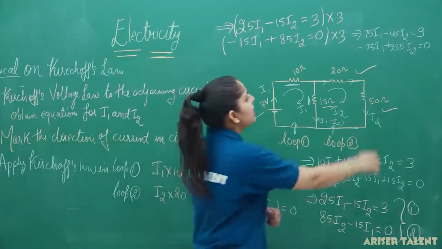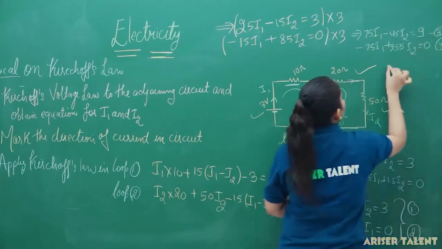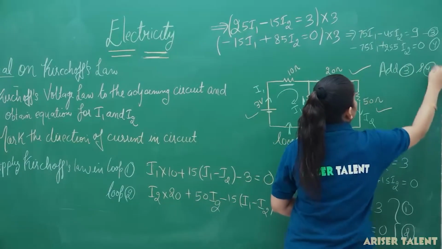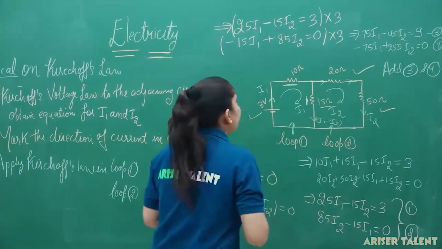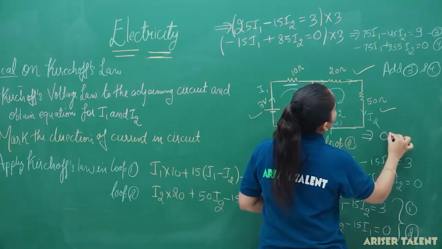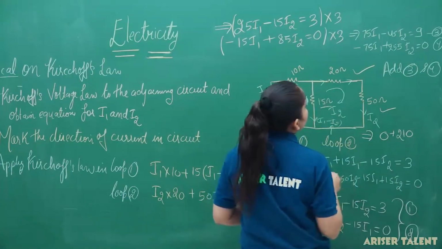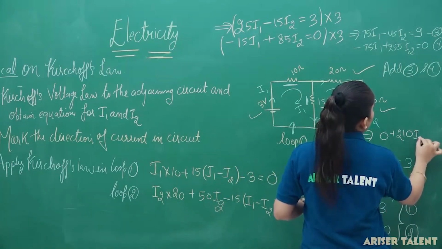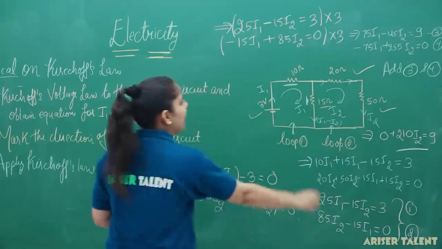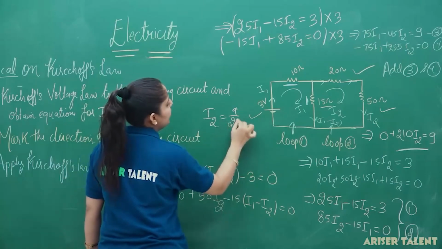So just add these equations. This is our equation number 3, this is equation number 4. On adding 3 and 4, what will you get? You will get 0 plus 380 I2 equal to 9. Finally, I will get the value of I2, that is equal to 9 upon 210.